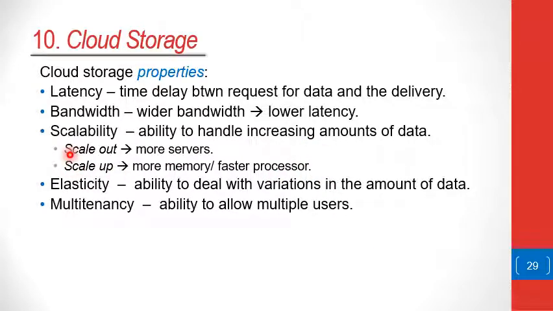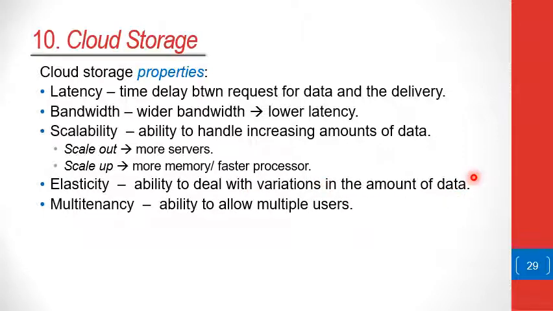Or alternatively, it can be scaled out, which means more servers could be added to the cluster of servers as and when required. And another property is elasticity, which simply means that cloud storage is able to vary with increasing or decreasing amounts of data, so variations of data.